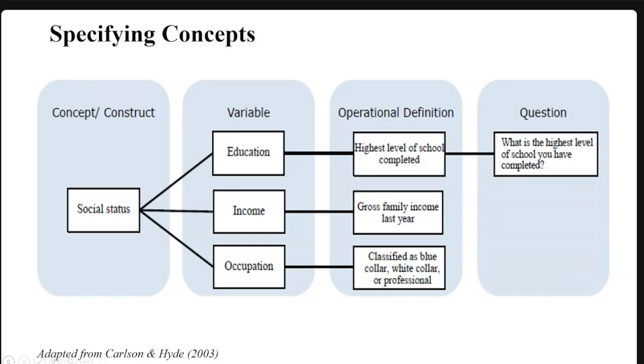That means what is the last school, what standard you have achieved in your school, the highest level of school which you have completed, or how many years of school education you have acquired. These are various questions which will help the respondents to respond to your queries more appropriately, rather than if you go by the terms education, income.